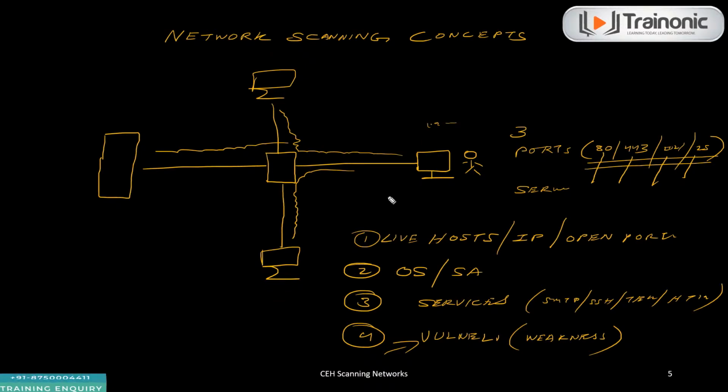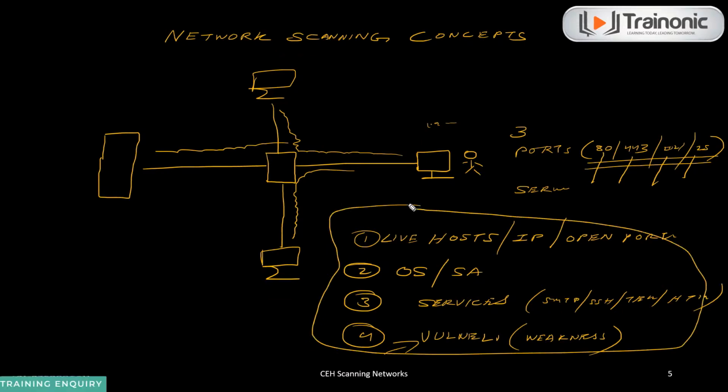The attacker then uses the information obtained to develop an attack strategy. So that's how we gain information, by sending a type of probe. There are a lot of types of probes we will discuss after this.